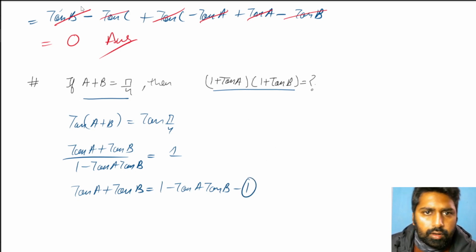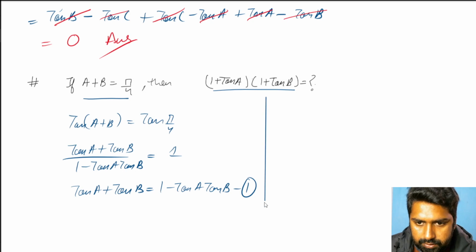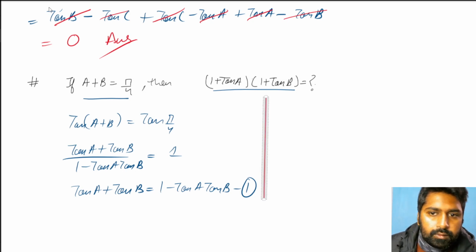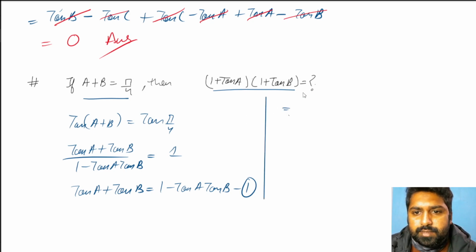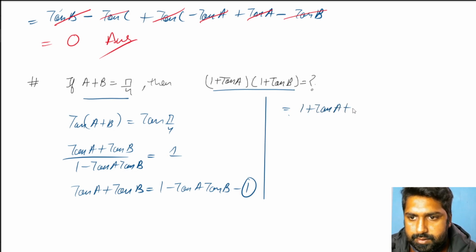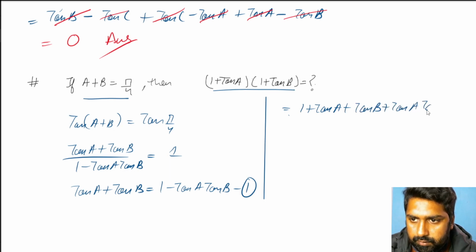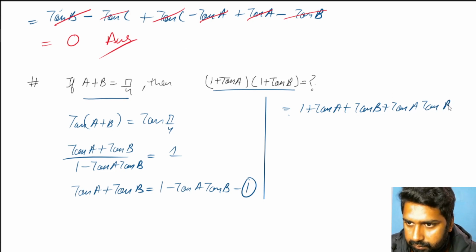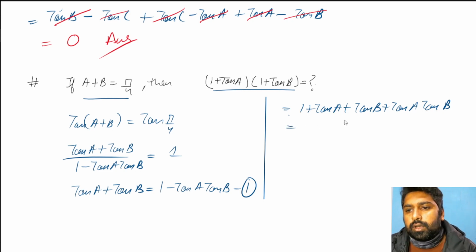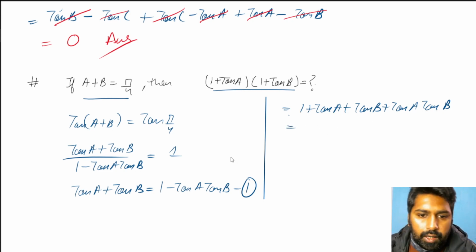Now let's solve what is asked in the question. He is asking us to calculate this expression. So let's expand it. If I multiply this, I get 1 plus tan A plus tan B plus tan A tan B. Now I know that tan A plus tan B is 1 minus tan A tan B. Use this expression.